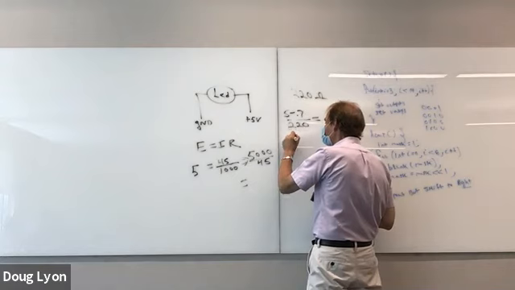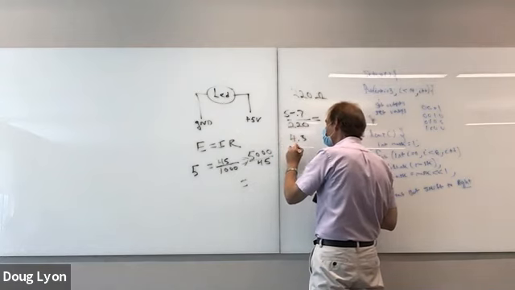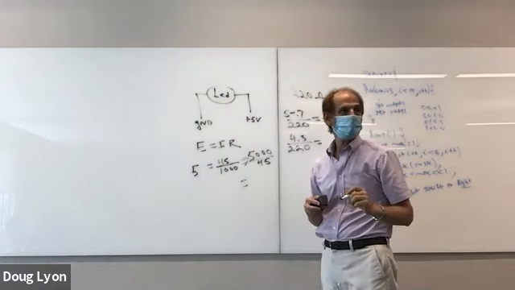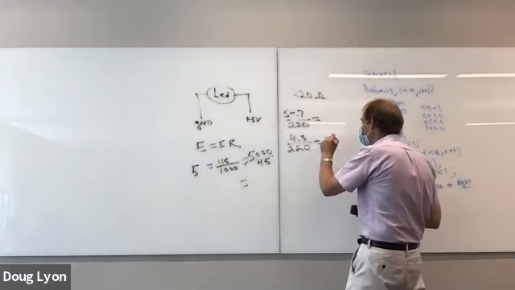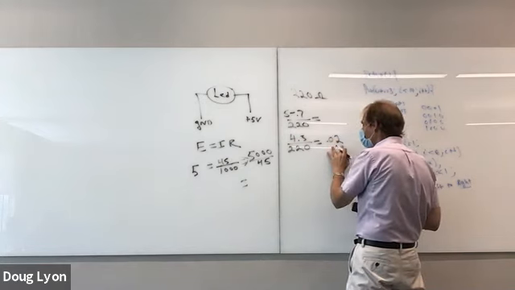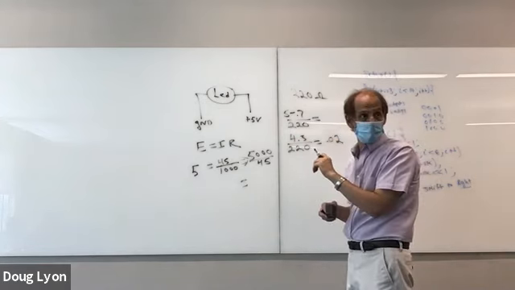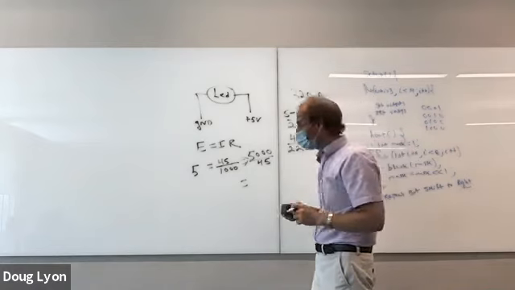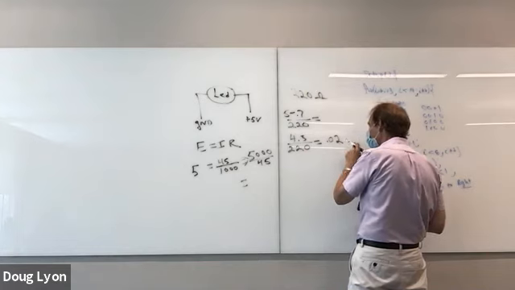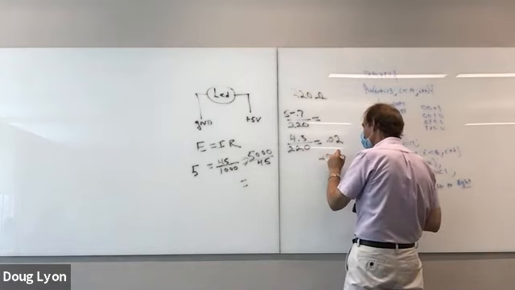If I take 4.3 and divide by 220, what do you guys get? 0.02, and if I multiply that by 1,000, that's like 20 milliamps. So that's equal to 20 milliamps.